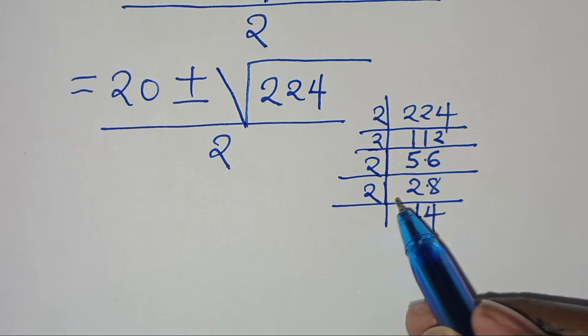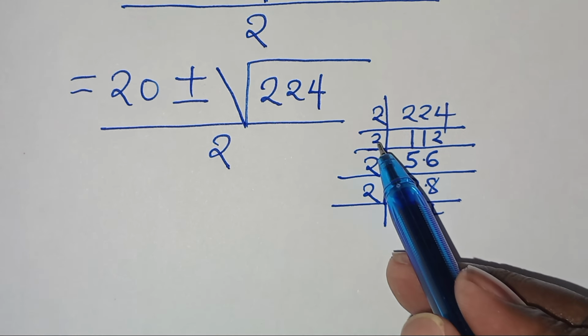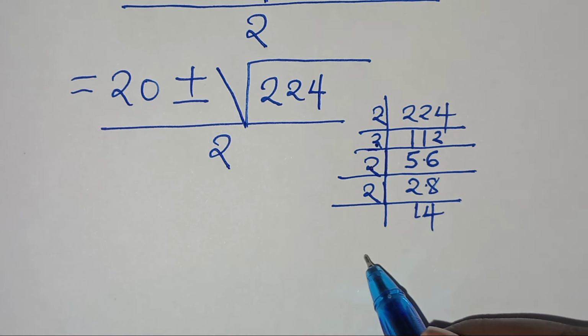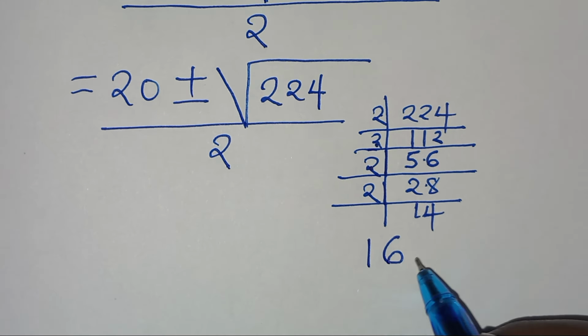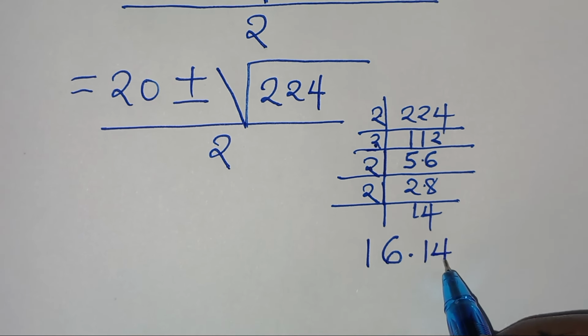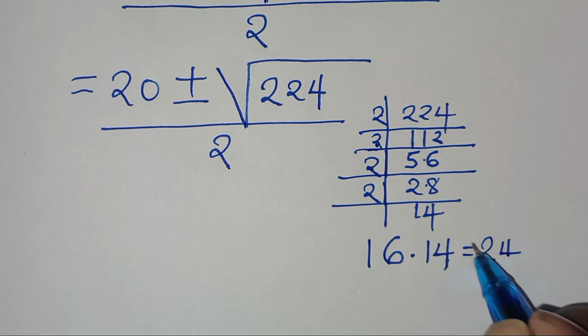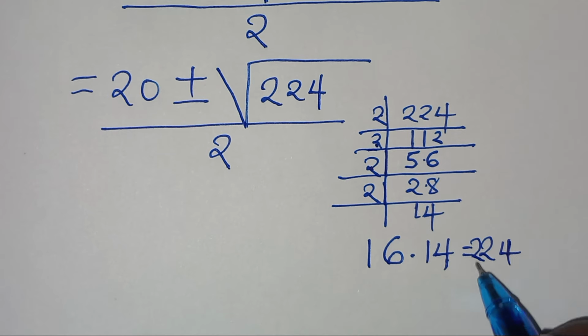So now we have 2 times 2, this is 4, 4 times 2 is 8, 8 times 2 is 16. So we have 16 multiplied by 14, which is the same thing as 224.